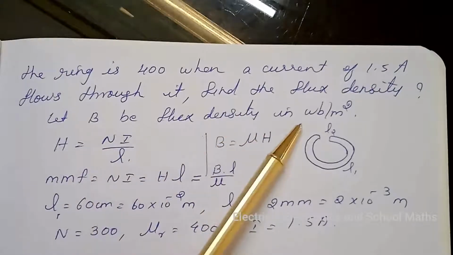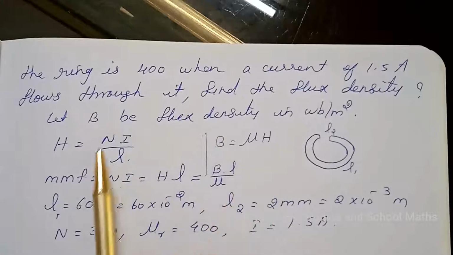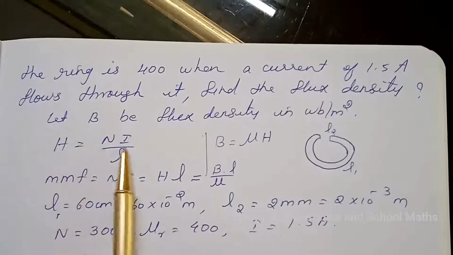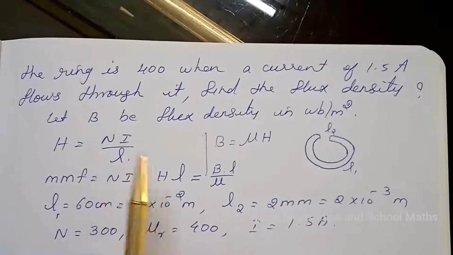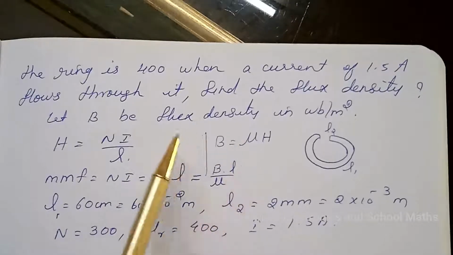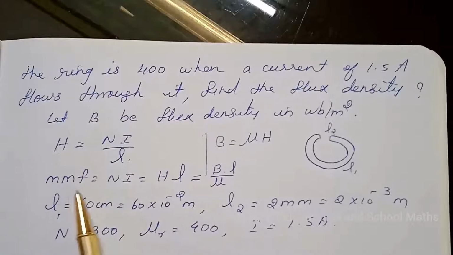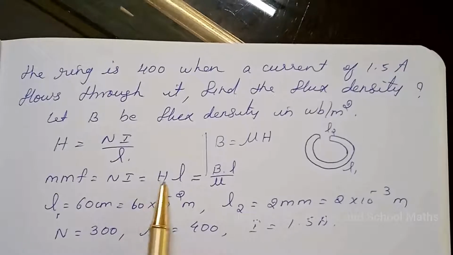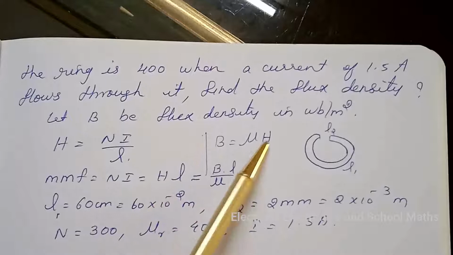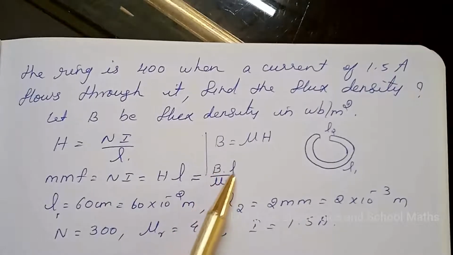We have to find flux density B. So let B be the flux density in Weber per meter square. We know H is the magnetizing force, H is equal to Ni divided by L. And we have B equal to mu into H. Then from this mmf is N into I, that is equal to H into L. And substitute the value of H in terms of B, we get B by mu into L.